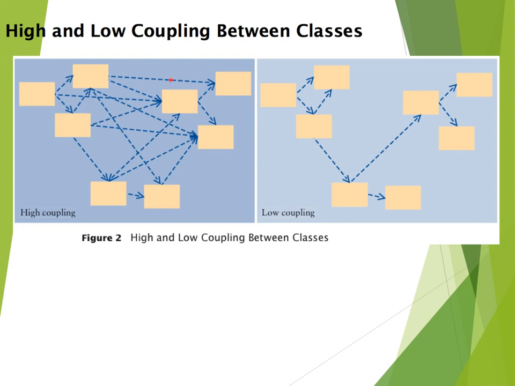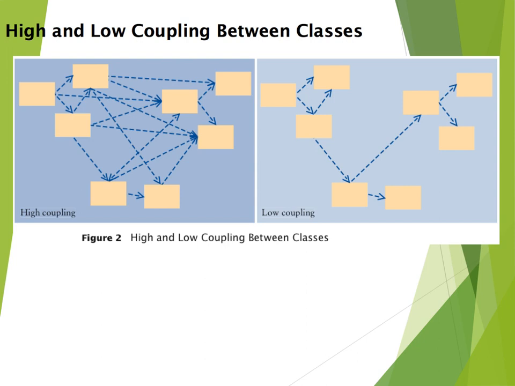As you see in a high coupling design, the classes have many dependencies, and as I said before, it makes the cost of interface change in one class very high, and as a result your program would be hard to maintain and hard to debug and hard to change, and it makes it less reusable.